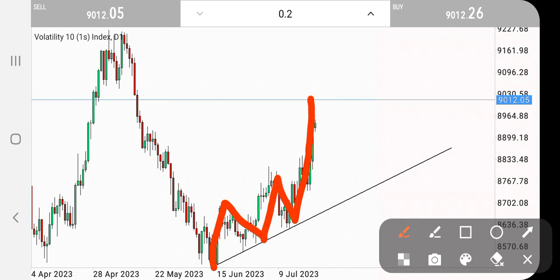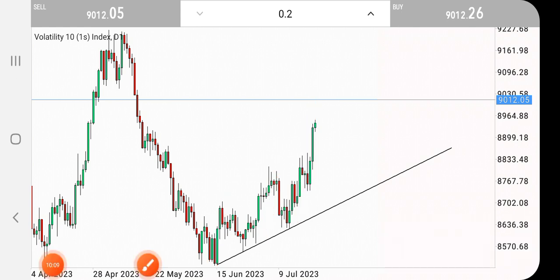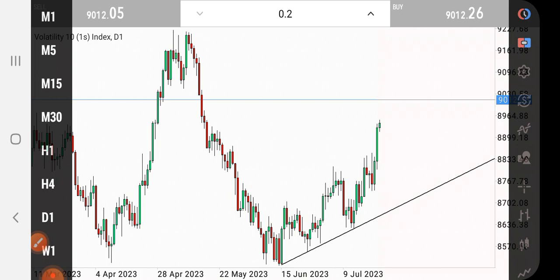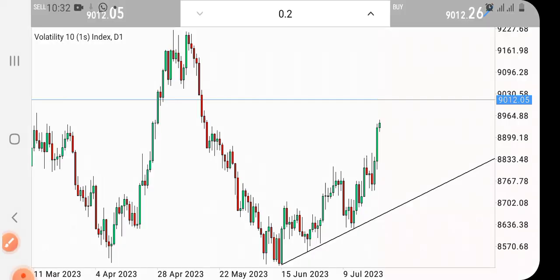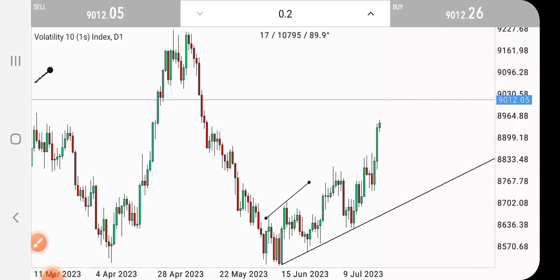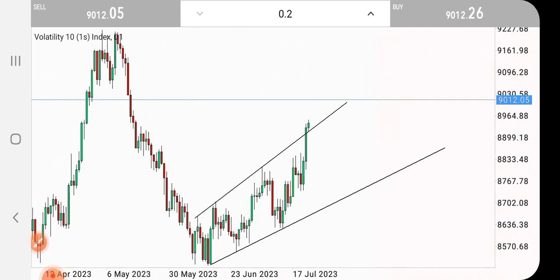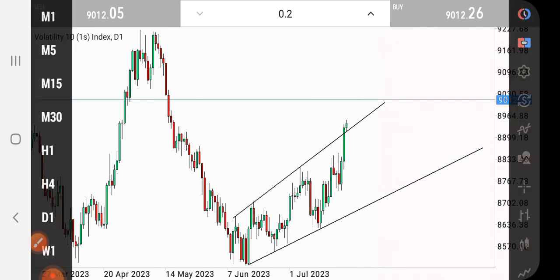So we are sure that the market is moving upwards. From here we have this area. We are going to mark these highs, then again we go to lower time frames to see what is really happening.